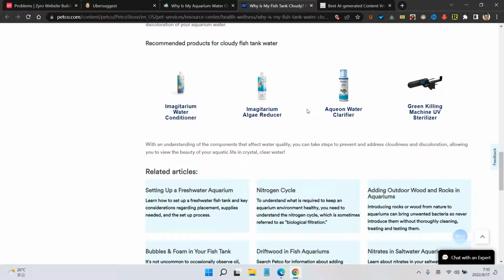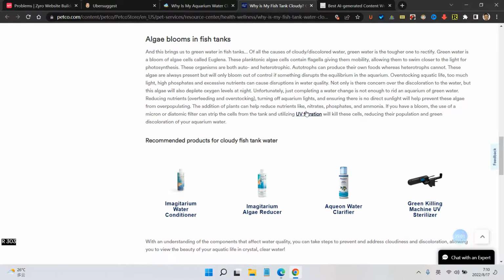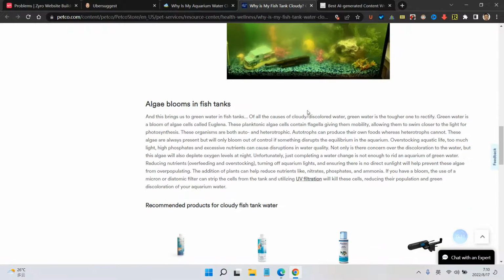And you write more about the details, more about the information, because people would search, when my 100-gallon fish tank gets cloudy, what should I do?